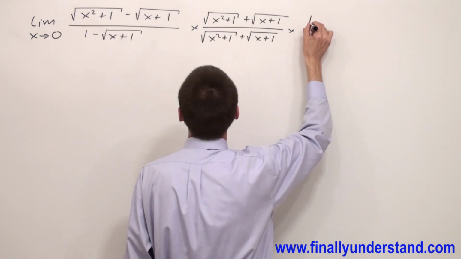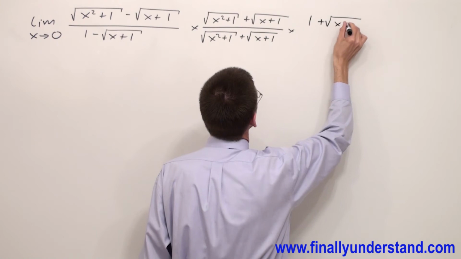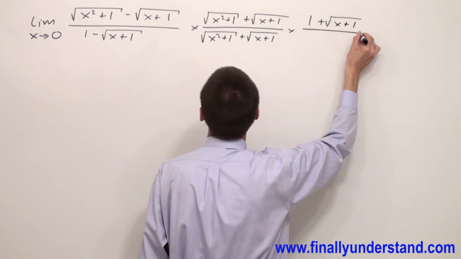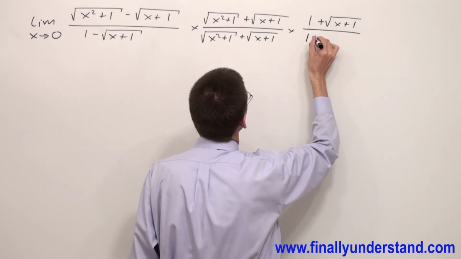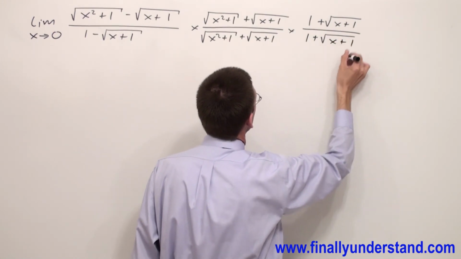And you will have 1 plus square root of x plus 1 over 1 plus square root of x plus 1.